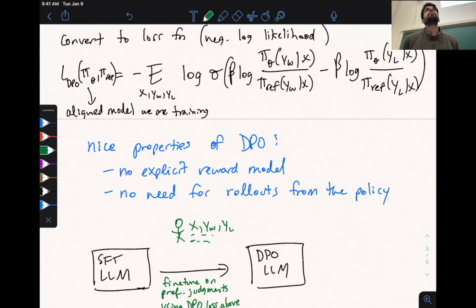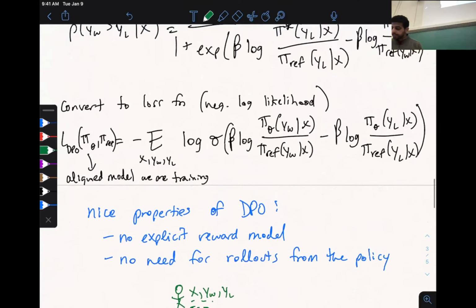So I guess your question is, how is this different than a model that you fine-tune only using the Y_w of the preference judgment? If you look at this loss, you'll see that it actually incorporates both Y_w and Y_l.